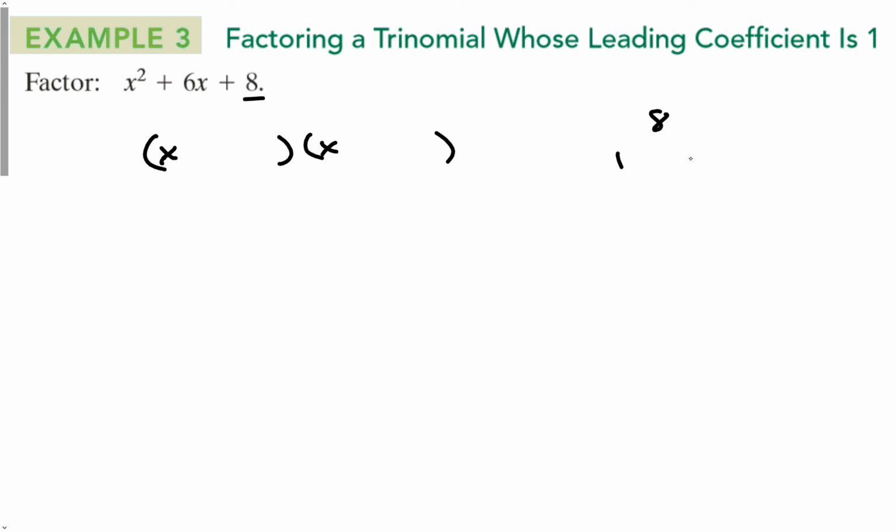So if we look at the factors of 8, 1 and 8, 2 and 4, and we add them together, we get 9 and 6. So 9 does not work, but 6 is the term that I want. So we want a positive 2, a positive 4.